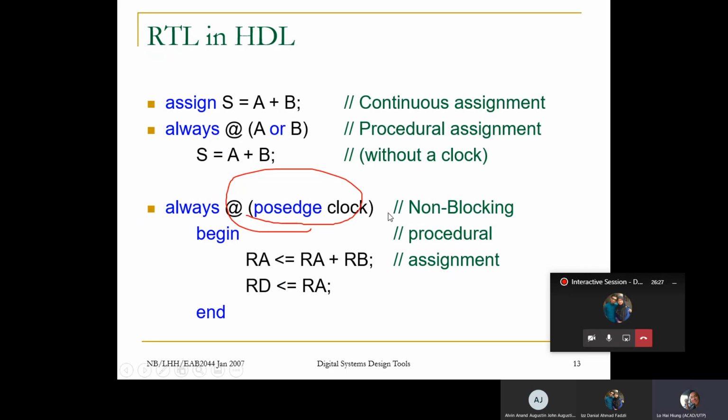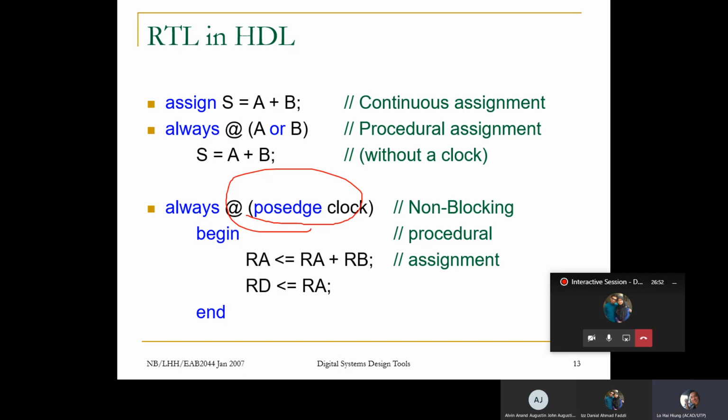Only with the posedge clock description will the RA and RD, typically on the left-hand side, become registers. Without the posedge clock, this is not a register, right? Even though you have to declare it as a REG type. Is that clear?